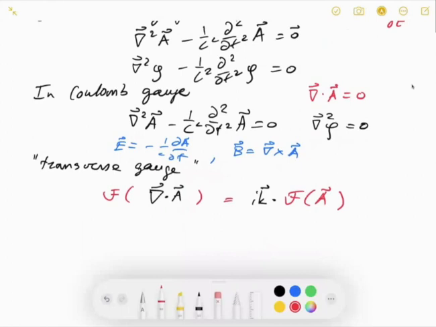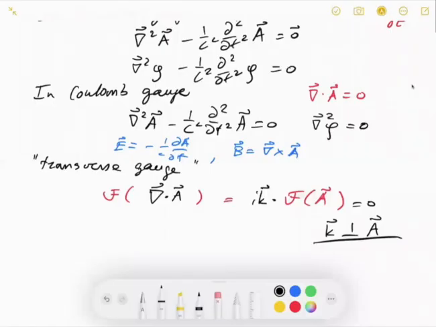So if you have a component in the x direction for A, then also the Fourier transform is going to have a component in the x direction. And therefore, if this is 0, because that's what the gauge choice is, that means that k is perpendicular to A. That's why we call it the transverse gauge.